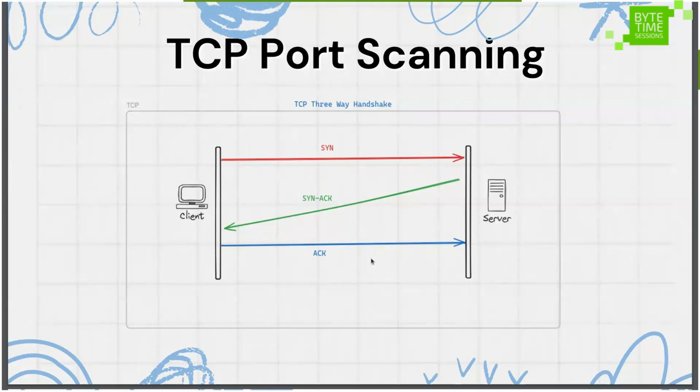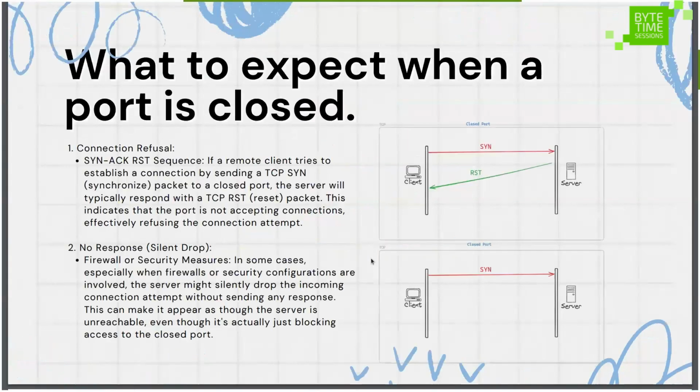Let's look at what the diagram looks like when you try to initiate a connection with a port that is closed or filtered. What should we expect when a port is closed or filtered? Normally, when a port is closed and you send a SYN packet to it, it responds with an RST.